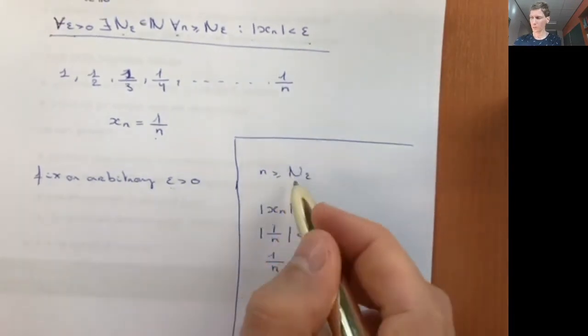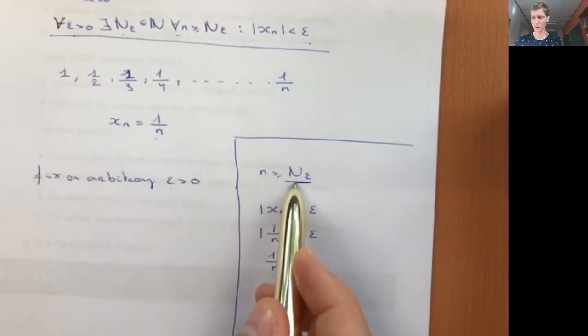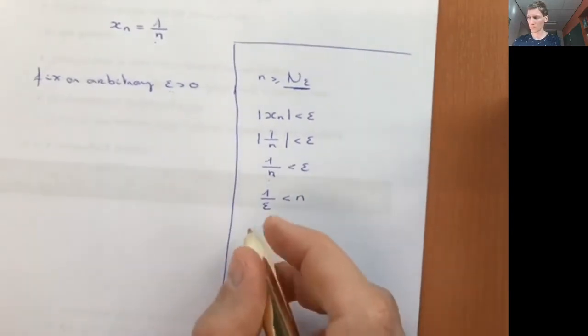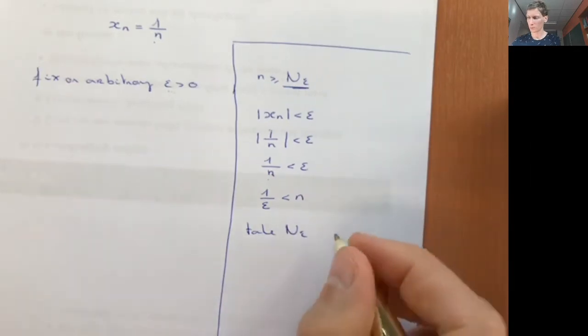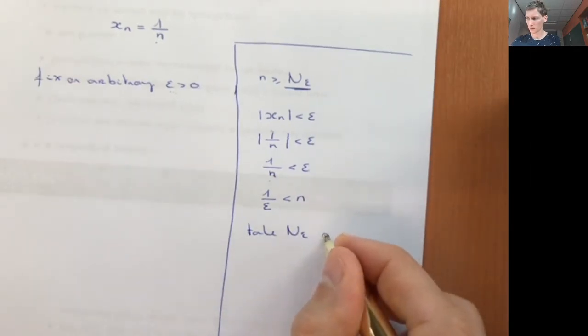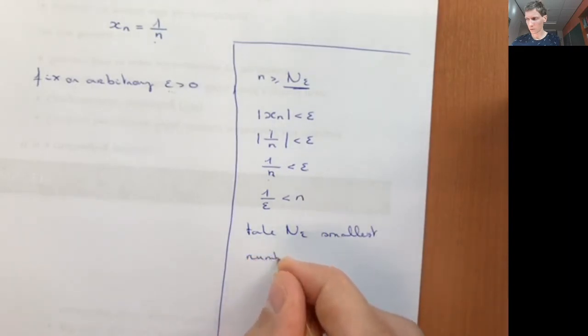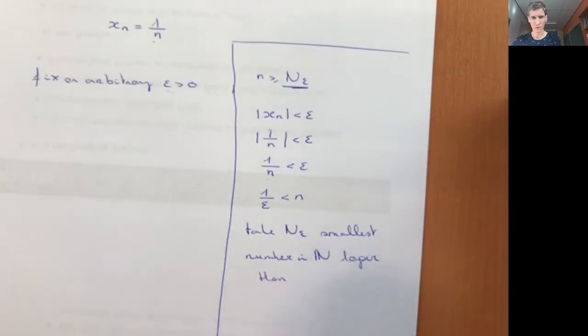So we need to find the big N here, such that for every small n greater or equal to the big N, n is larger than 1 over epsilon. So what can we do? For example, we can take N_epsilon to be the smallest number in the natural numbers larger than 1 over epsilon.